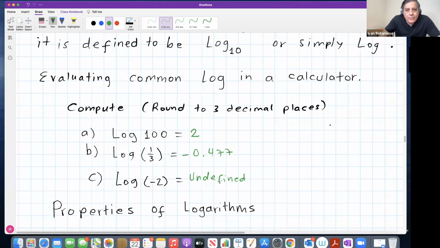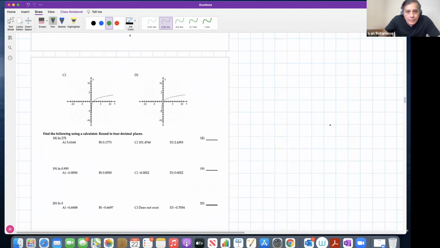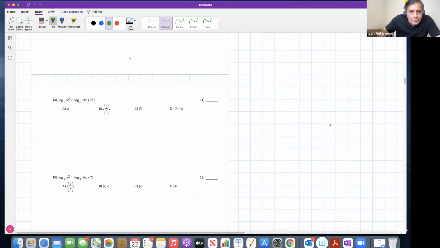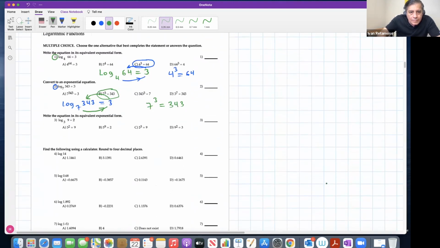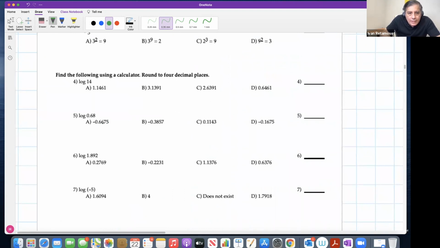All right. Now, some exercises for you to practice on these computations of common logs, right? We're going to use them a lot through the calculator. So I want to make sure that everybody's okay with this. So let's practice. Can you try this in your calculator? Let's try this guy, for example. It's pretty straightforward, right?